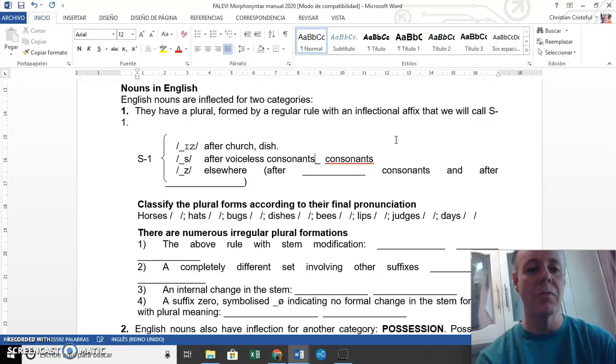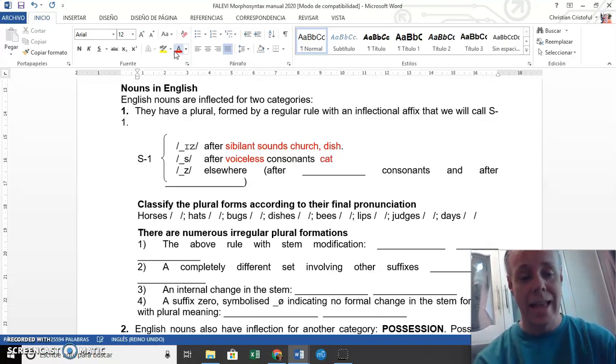Remember this? Voiceless consonants here, sibilant sounds here, like this. And these are the examples. Voiceless consonants examples.